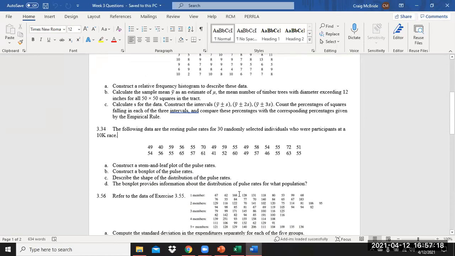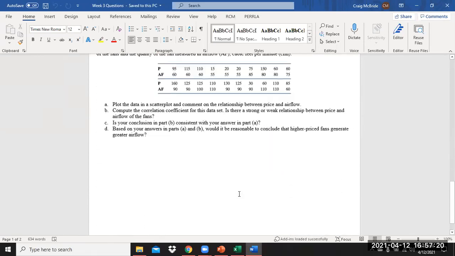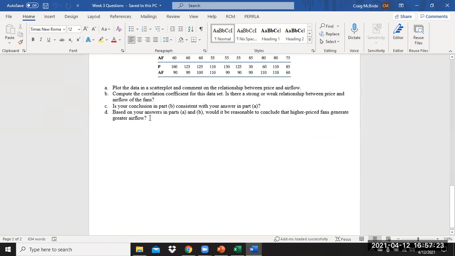So let me scroll down. You guys can see my page, right? Yes. Okay. Let me give you some numbers so you can see what I mean. Let's pretend that the mean equals 20, and S, our standard deviation, equals 5.